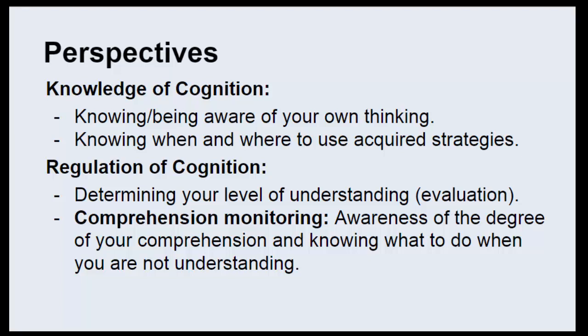When it comes to regulation of cognition, the student will try to determine his level of understanding, which is also called evaluation, and his level of comprehension. The students who regulate cognition are aware of the degree of their own comprehension. This is called comprehension monitoring.